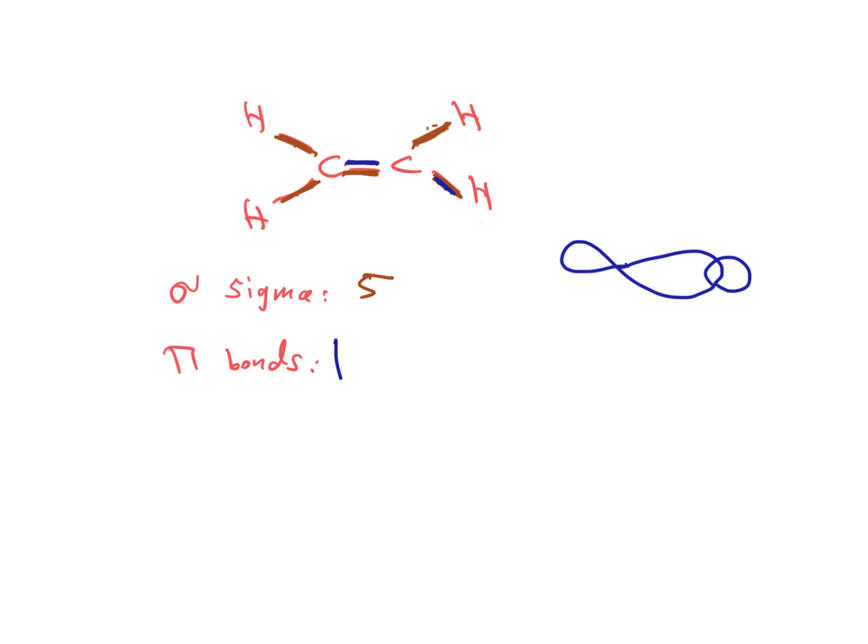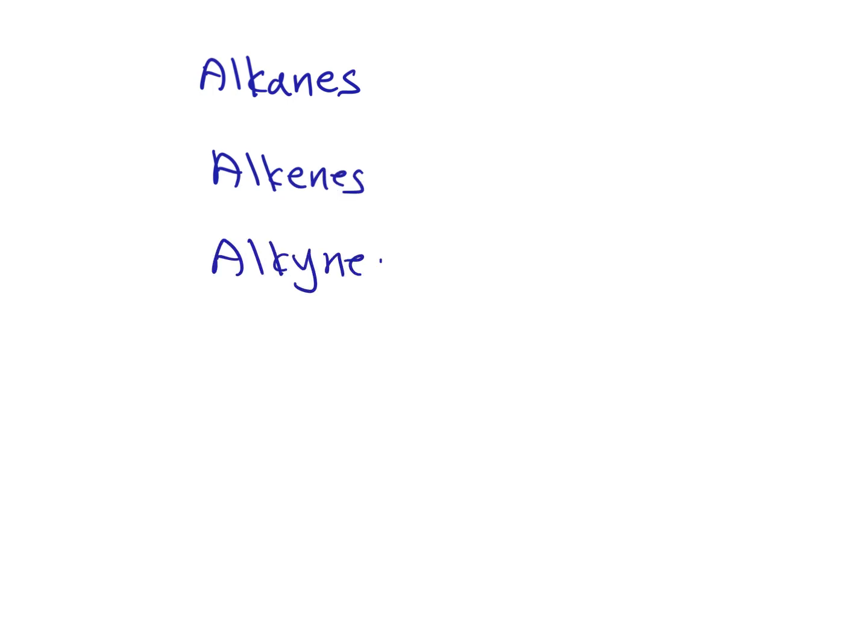Okay, now let me go to chapter 2. What you need to know is that we have alkanes, and I'm going to talk about chapter 3 too. It's kind of similar concepts. So we have alkanes, alkenes, alkynes.